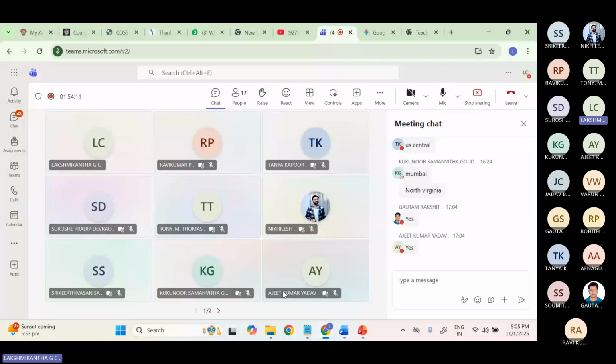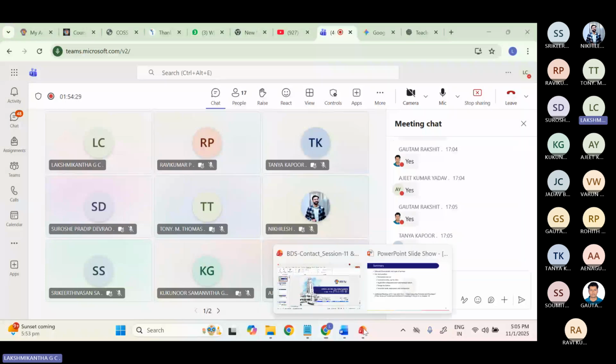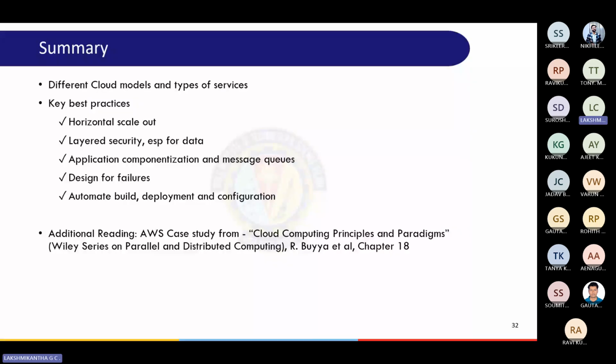So is this clear? So shall we take a 10 minutes break, guys? After the 10 minutes break, I will continue with session 12 concept. Is this okay for you all? After this, I'm going to start with the next session, cloud storage.